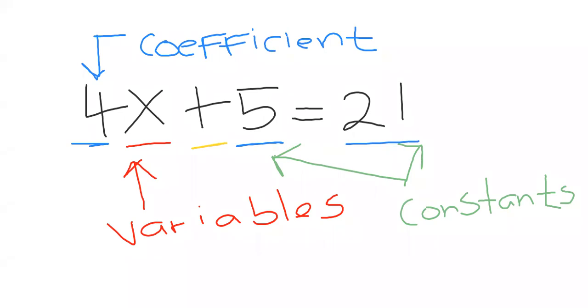And then of course we have other numbers in our expression, and those numbers are called constants. So that's basically what you have to know thus far.